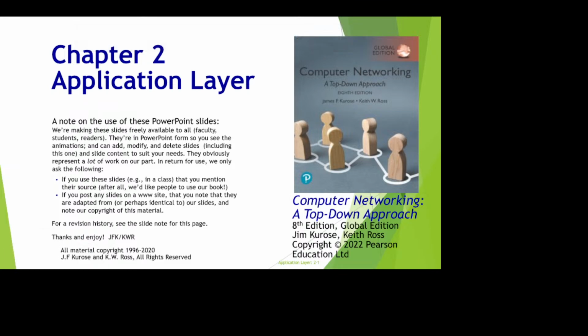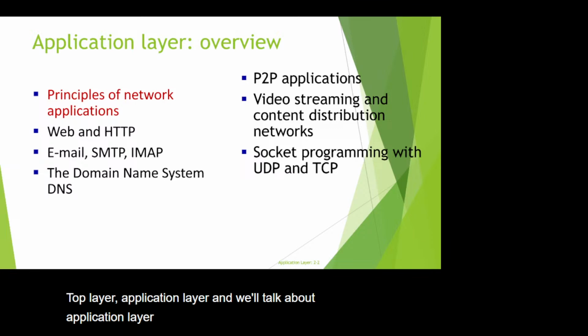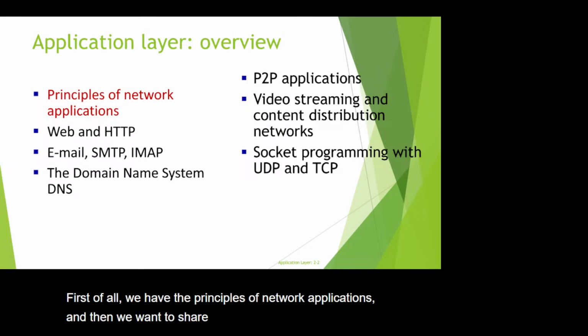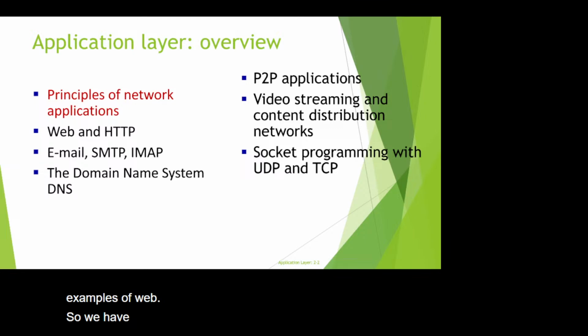So we already have an introduction in chapter 1, and right now we have the top layer, the application layer. And we will talk about the application layer in this chapter. First of all, we have the principles of network applications. And then we will share some details by using examples of the web. So we have HTTP. Email, so we have SMTP and IMAP and DNS.